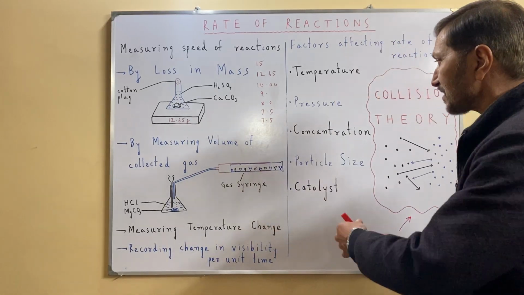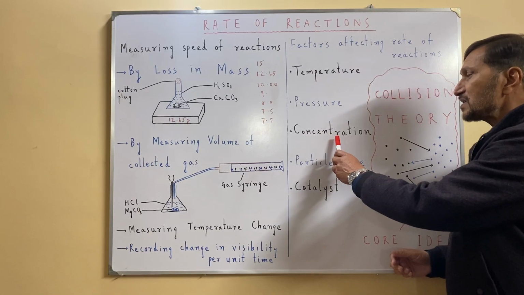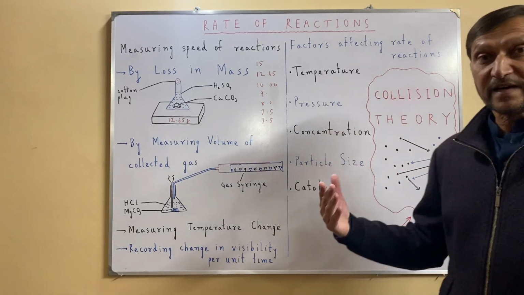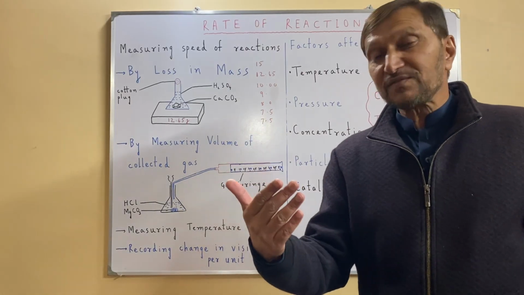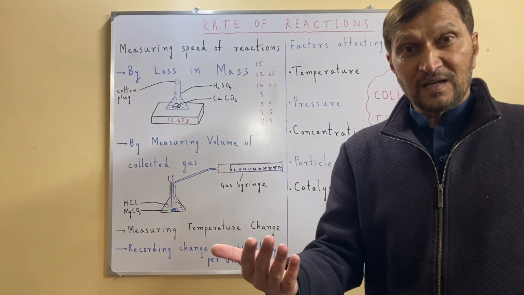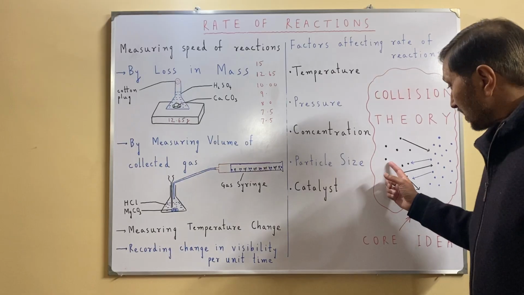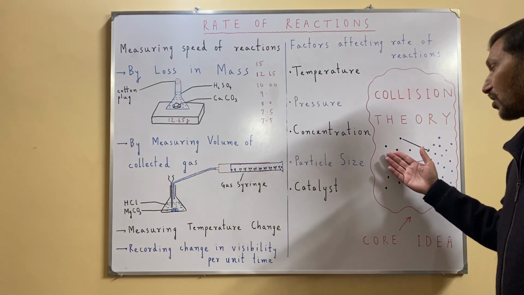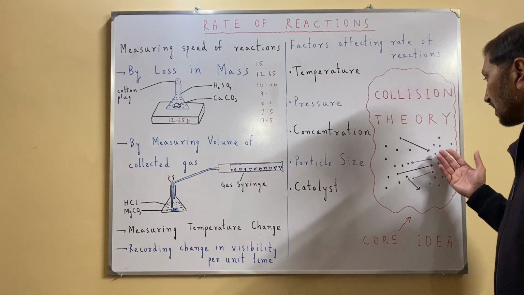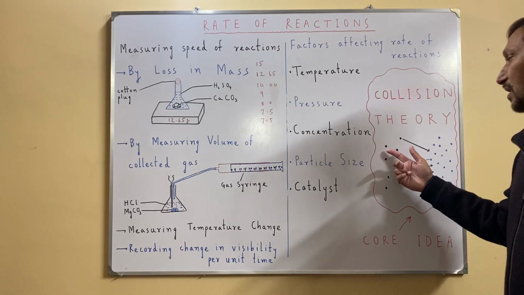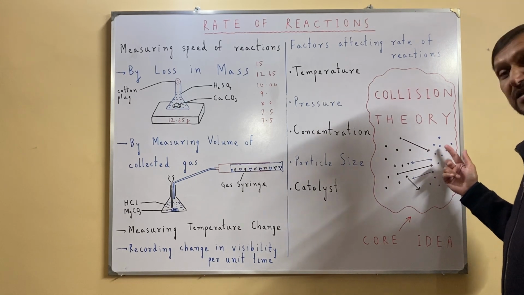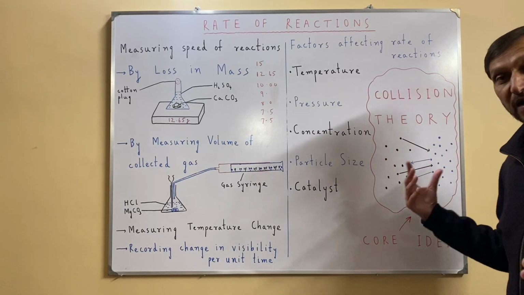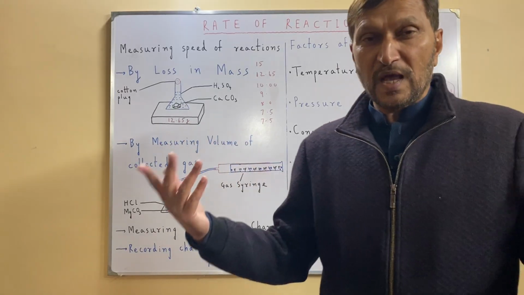Similarly, another factor which affects the speed of reaction is concentration. If the concentration of the reactants is higher, for example, this reactant represented by black dots is nitrogen and this one represented by blue dots is hydrogen, and we are forming ammonia by the reaction of nitrogen and hydrogen, suppose the Haber process.